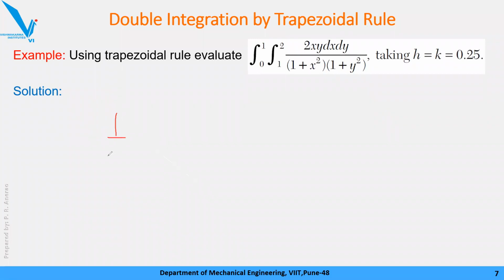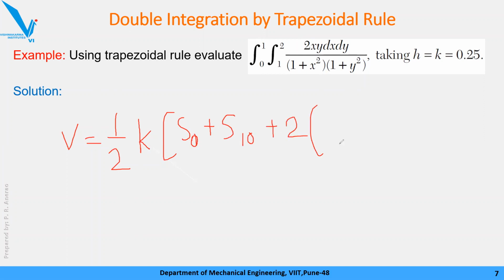So your formula to calculate final answer volume equal to 1 by 2 times k into s0, first s, plus last s, s10, प्लस 2 टाइम्स बाकी सब जितने भी s आपके पास है वो सब डाल दो इधर. सो s1 प्लस s2 प्लस s3 प्लस 4 प्लस 5 प्लस 6 प्लस 7 प्लस 8 प्लस 9, 9 तक चला जाएगा आपका. Okay, so I hope I have answered your query.